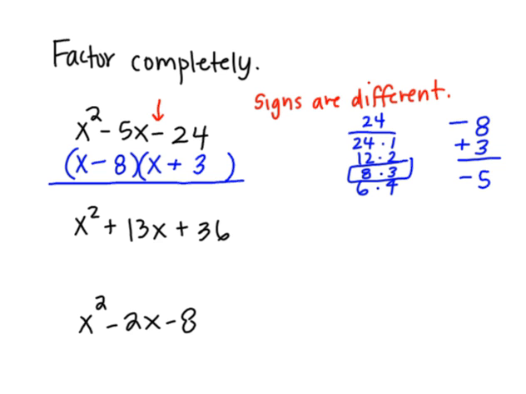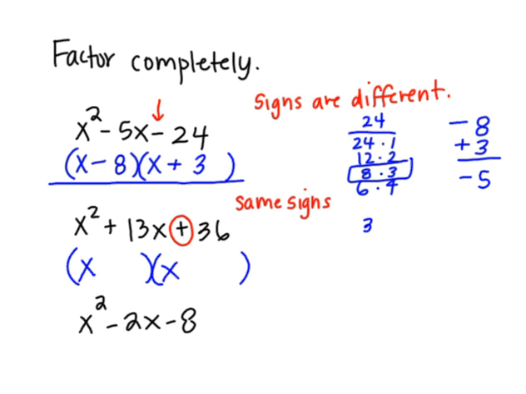Looking at the second one, the second problem is x squared plus 13x plus 36, and I want to factor it. Since it ends with a positive, that means the signs in parentheses are the same. I can open my parentheses, and the term that makes x squared would be x times x.